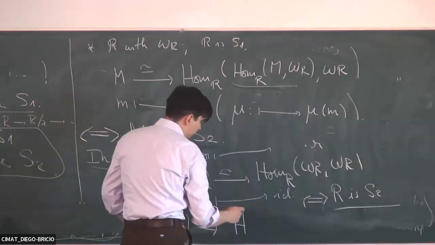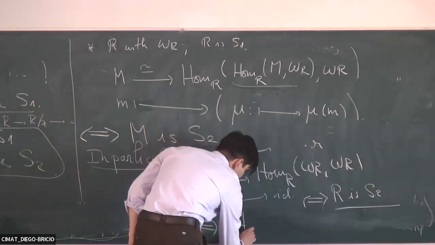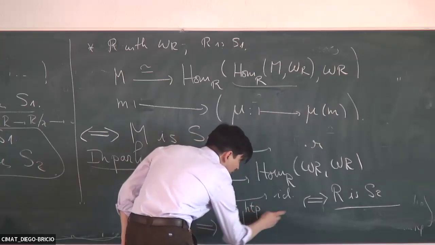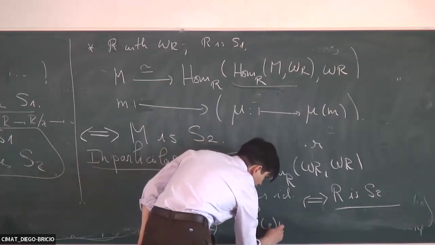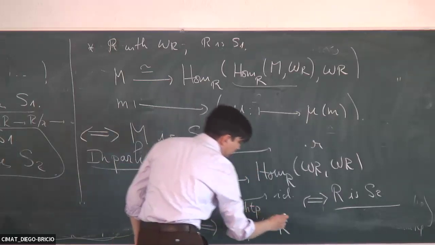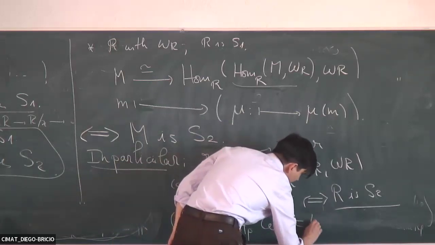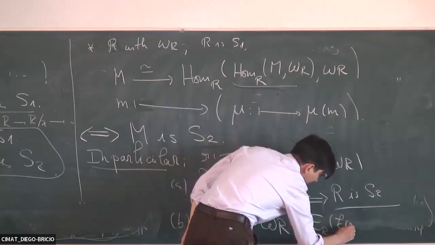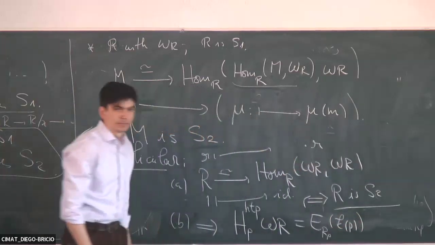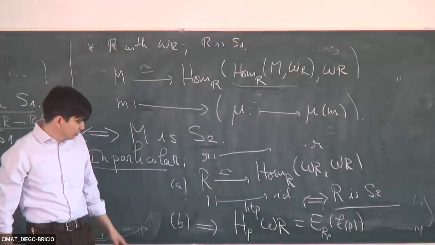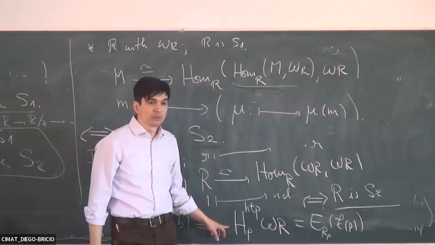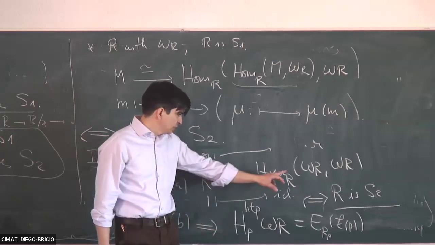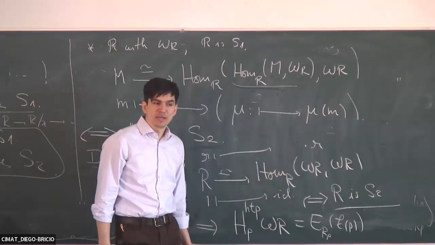In particular, if you apply Matlis duality to this, you get an understanding of what the top local cohomology of omega is. It's an injective hull of the residue field at P. So I think the other day I mentioned this property, but I didn't put the S2 condition, and so I think I made a mistake.